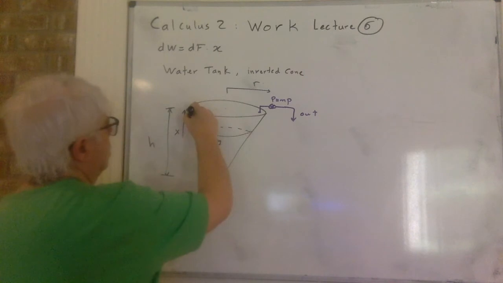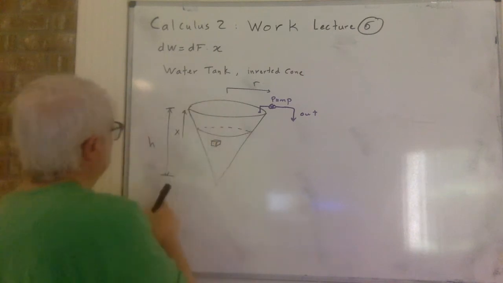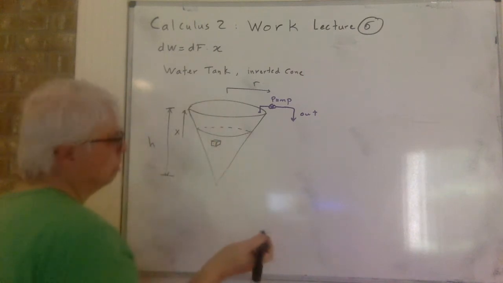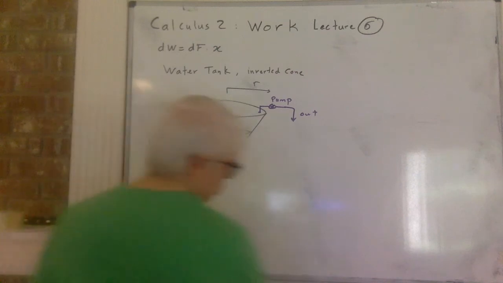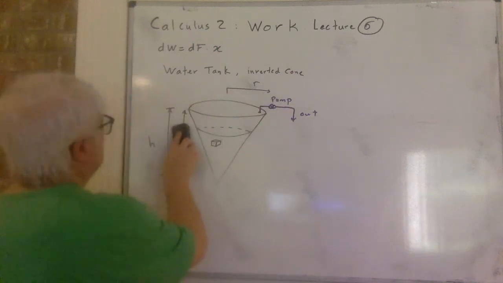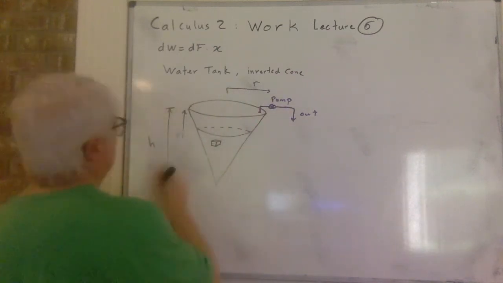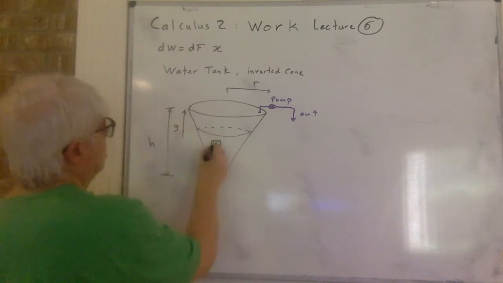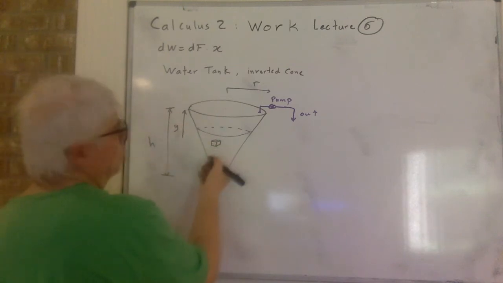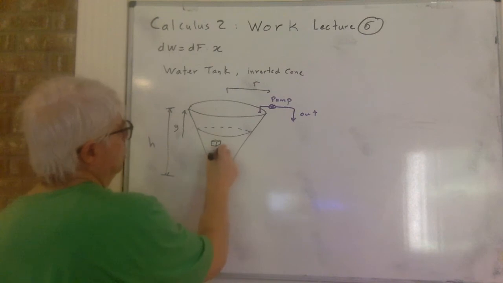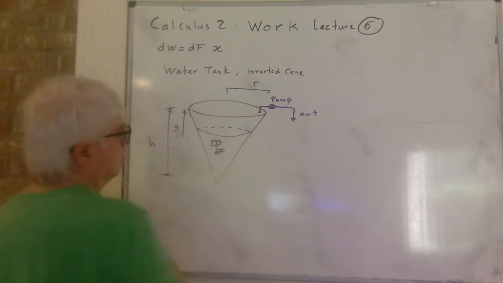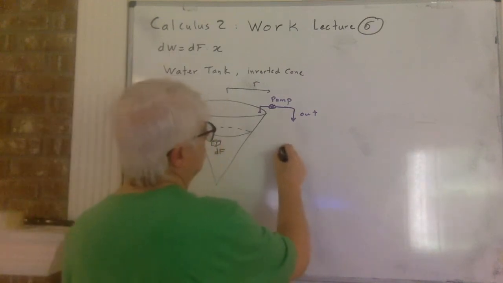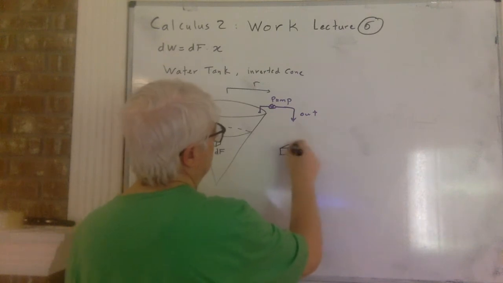Okay? Well, you might ask, why not use something else like y? Maybe I should use y because in this direction we usually use y. So let's say we move it y distance. So this is your force, your F, dF in fact. So your dF is a small object with a certain mass.